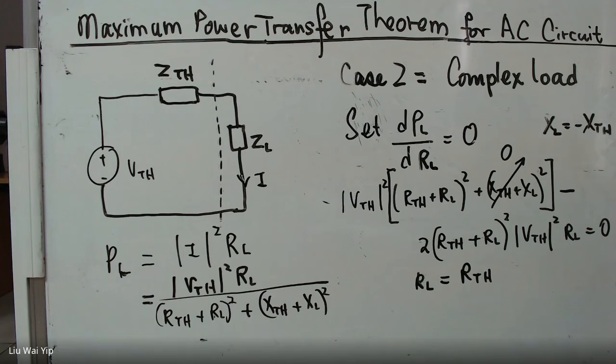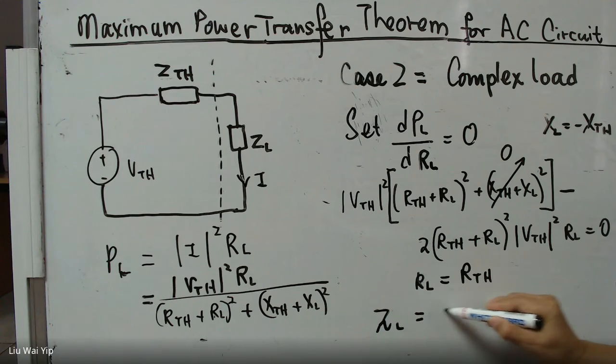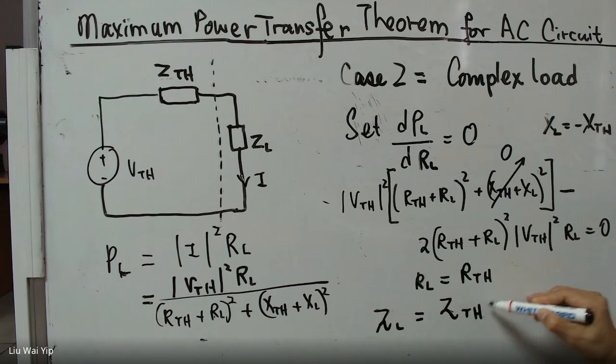And the load reactance has to be equal to the negative of the imaginary part of the Thevenin impedance. So in other words, ZL must be equal to ZTH, the conjugate of this expression.